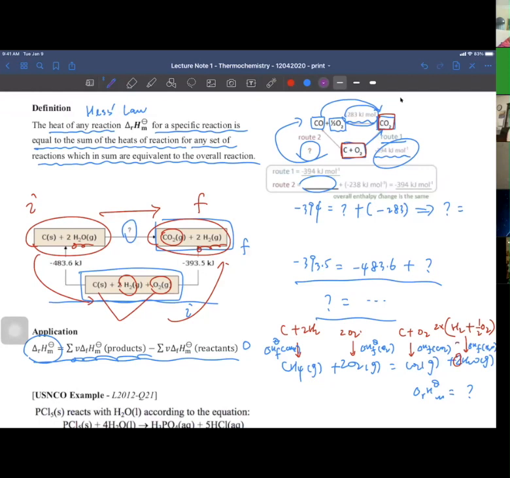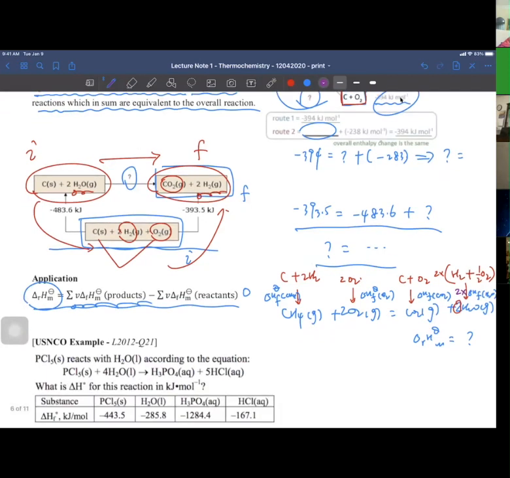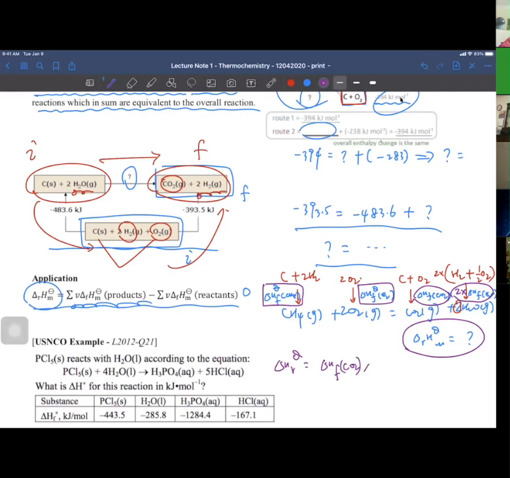So what I want to say is we can add all of those processes together and minus this process, and then we should get the delta HR, which means the delta HR equals the delta HF of carbon dioxide times 1, because the coefficient is 1, plus the delta HF of water times 2, minus the delta HF of CH4 minus the delta HF of O2 times 2, because there is a coefficient of 2.